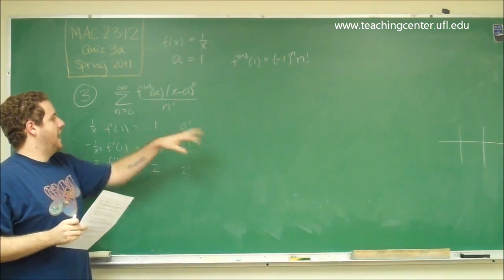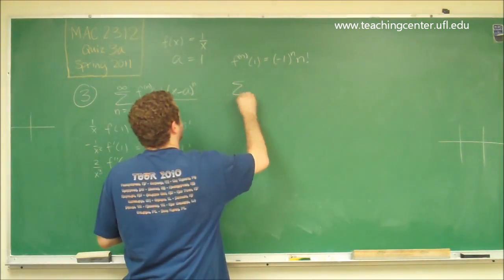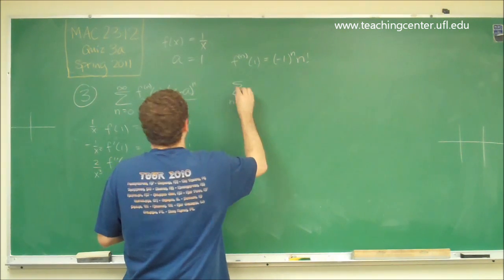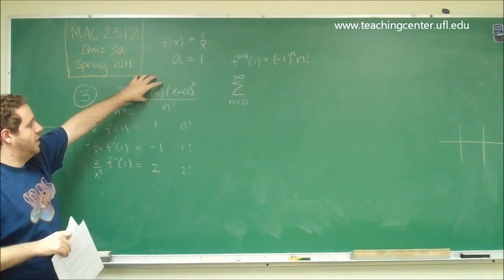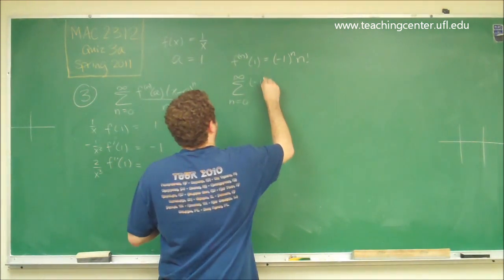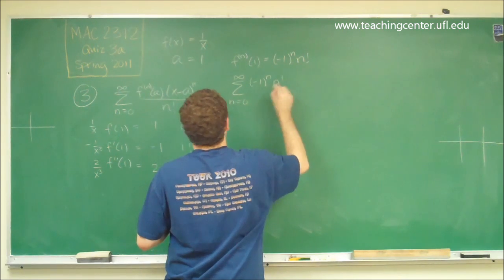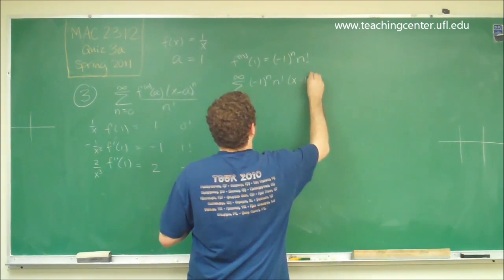The rest of this we don't have to figure out, we can just plug in things. So that means our series now, our derivative sequence ended up being negative 1 to the n, n factorial. Now our a is 1, so this becomes x minus 1 to the n.